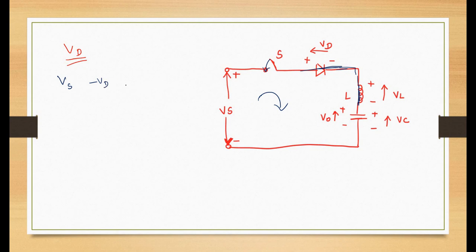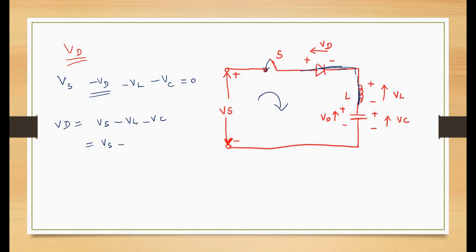Again VL positive to negative, voltage drop. Vc also positive to negative, voltage drop, equal to 0. So from this I am going to find out Vd. Vd is Vs minus VL minus Vc.